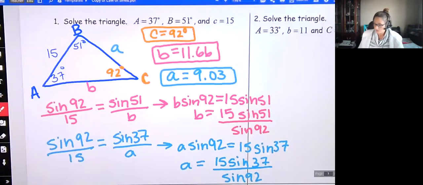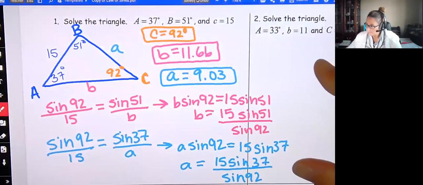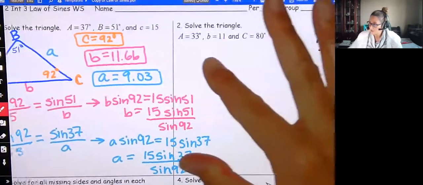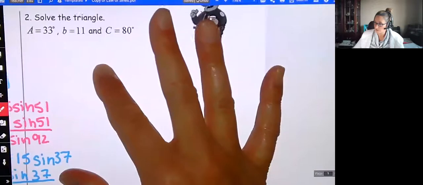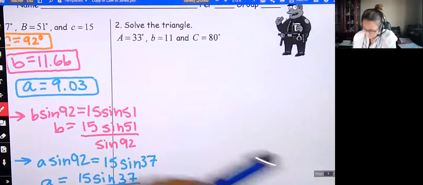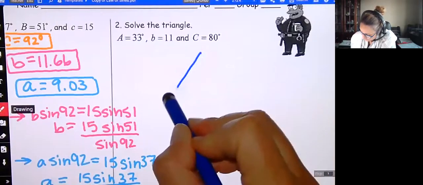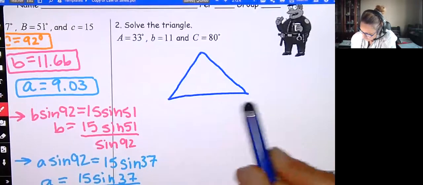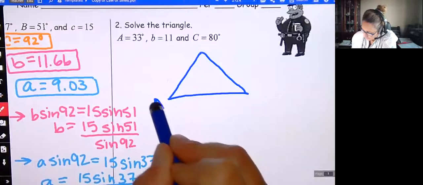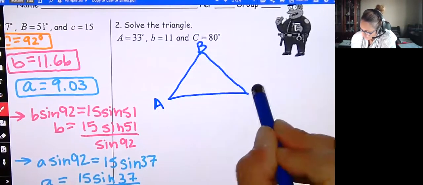Okay. So now let's take a look at number 2. So I'm going to draw the picture out for this. And again, it doesn't matter where you put your A, B, or C. I'm just going to put A, B, C like this.